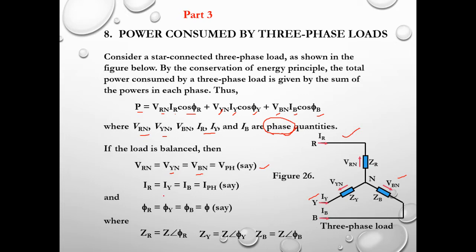IR is equal to IY, equal to IB, equal to I phase, and theta R is equal to theta Y, equal to theta B, equal to theta. ZR, the impedance for the red phase, is equal to Z angle theta R, as well as the Y impedance and the blue impedance. So they are all phase quantities.